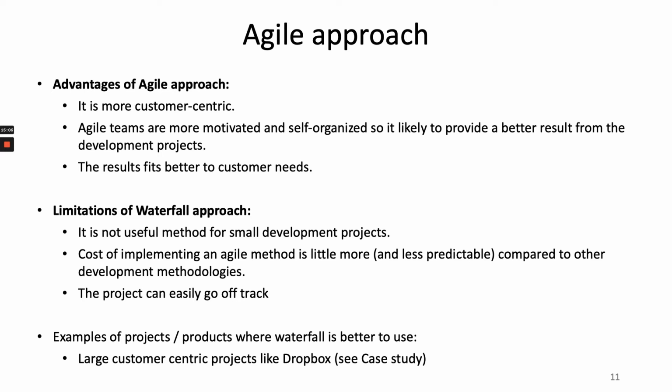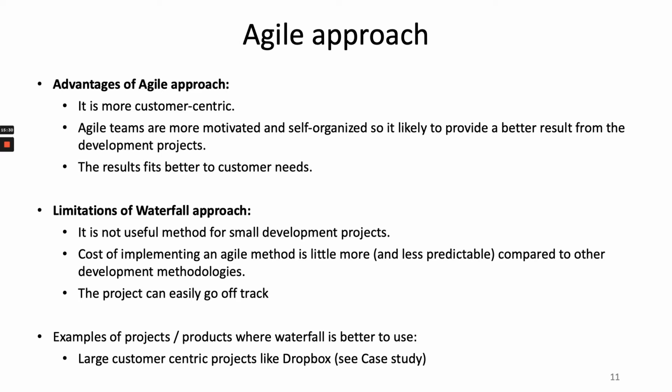The center of the agile approach is a customer. This customer says his or her problems, and you find the solution, and you test if the solution actually solves the problem.